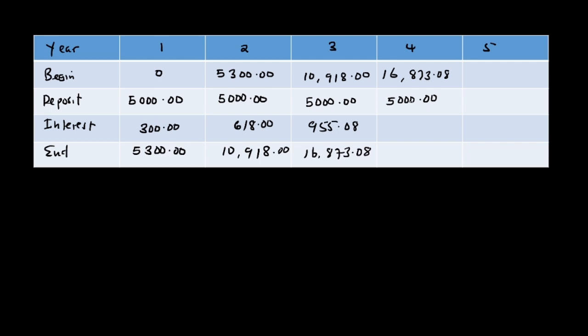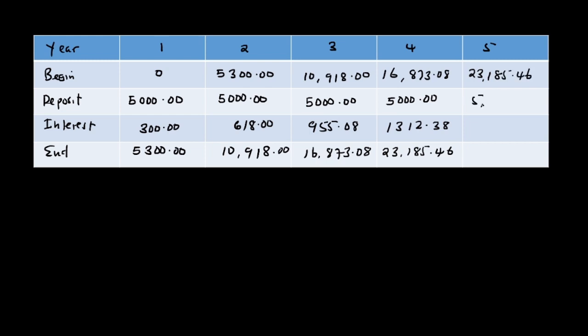The 6% of that one will be 1,312.38. At the end of the period, that will be 23,185.46. This will be your money at the beginning of the 5th year.